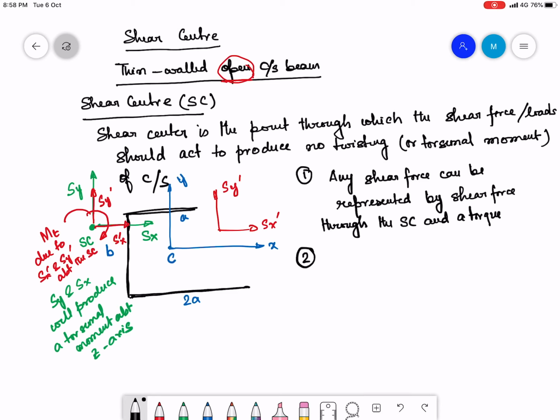The second point is that the stresses produced by the separate action of torsion and shear force can be added. Stresses or shear flow, whichever way you want to call it.